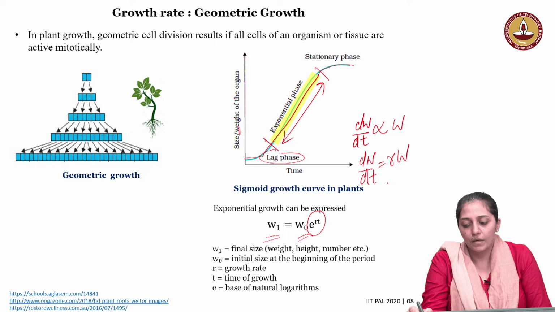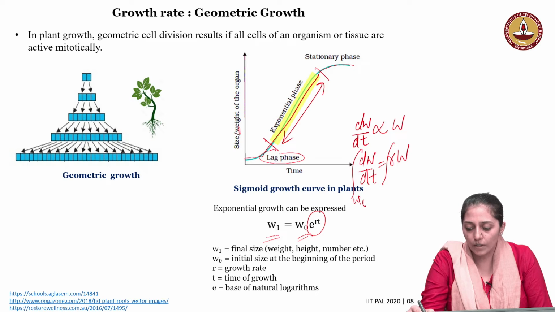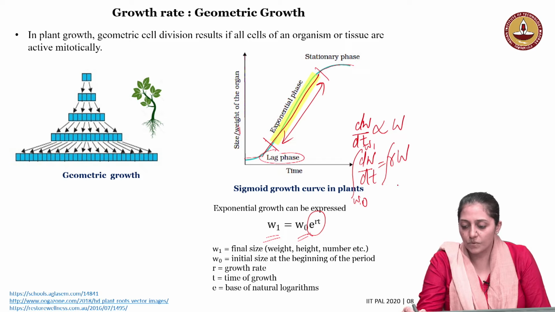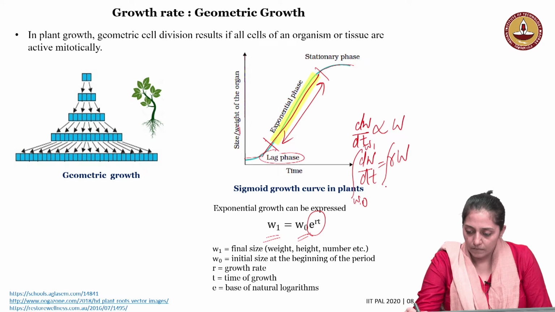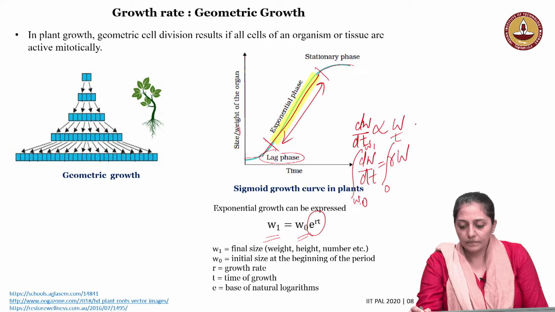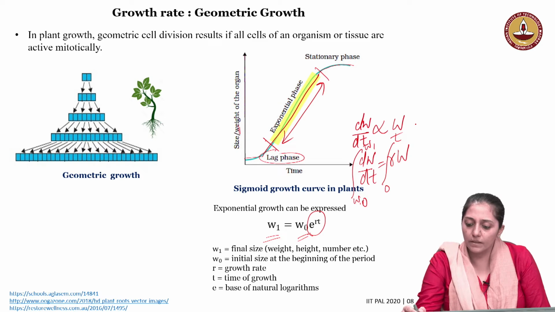So, if you want to make an equation with respect to W, we will integrate this as we did earlier. Let us put the limits here, given as W naught, the initial value, and at some time t, they have given it as 1. So, let us put it as 1 or t. So, time here initially is 0 and at some time t when the weight is W1.